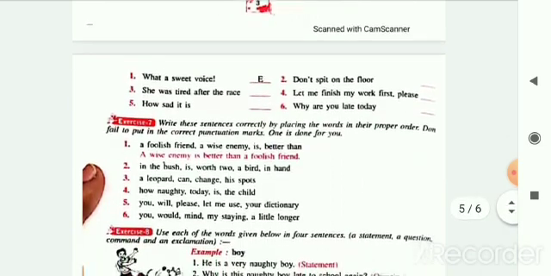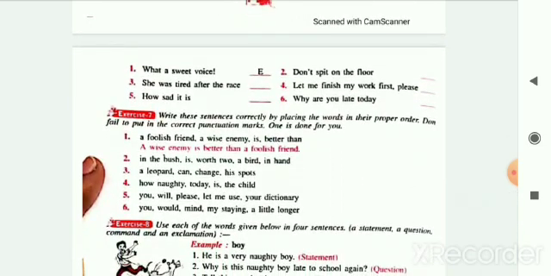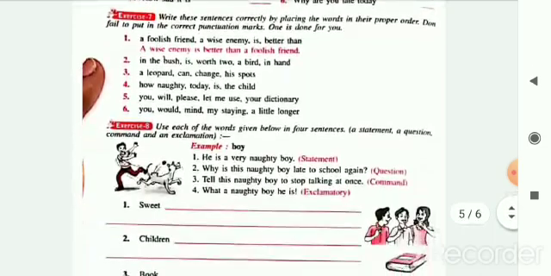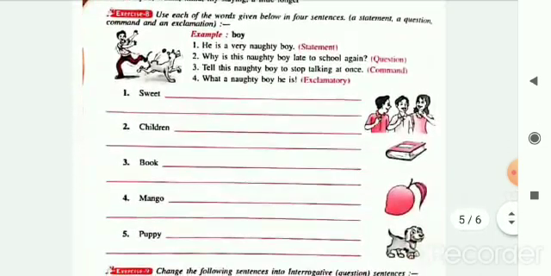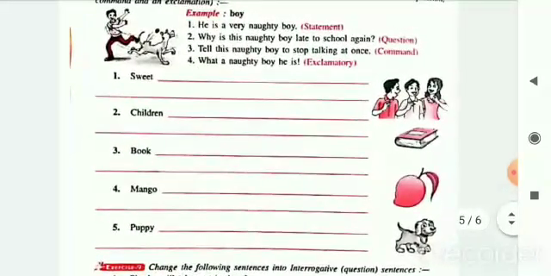Exercise 7. They are like jumble words. You can do them. Jumble words are not very difficult for you. Exercise 8 also should not be very difficult. Here you have to try and make sentences again of the words that are given to you. Like, okay, book. Let us take book. So first you will make a statement or a declarative sentence based on book.